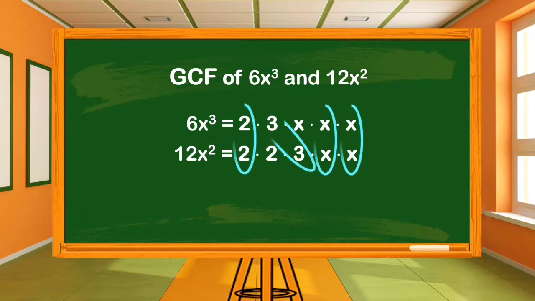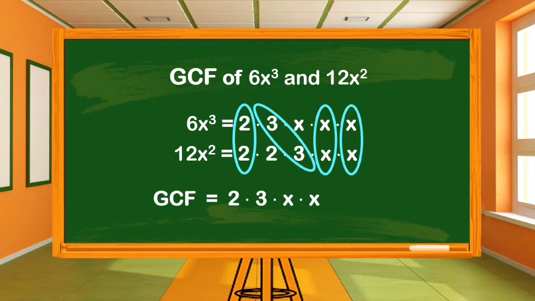We have 2, 3, x, and x. Then let us get the product of these common factors. 2 times 3 is equal to 6, and x times x is x squared. Thus, the GCF of 6x cubed and 12x squared is 6x squared.